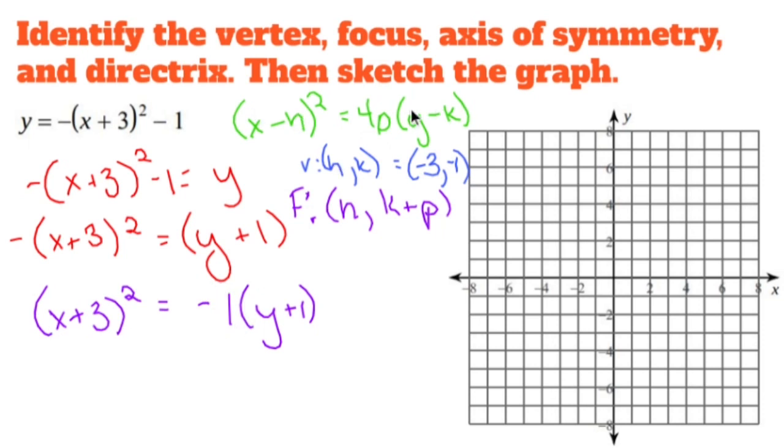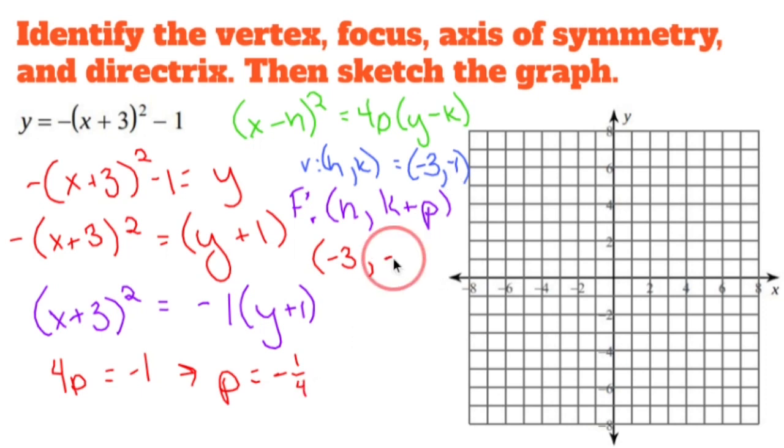So comparing this to this, I'm going to let 4p equal negative 1. So if I divide both sides by 4, p is negative 1/4. So my focus is h, and I already know that my h is negative 3. K plus p is going to be negative 1 plus negative 1/4, so negative 1 1/4.